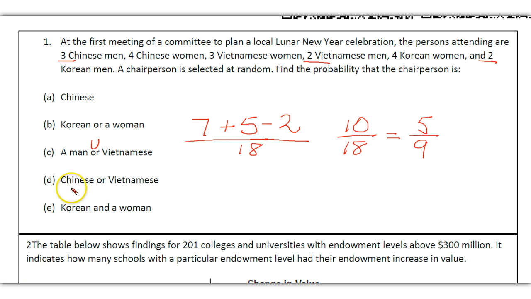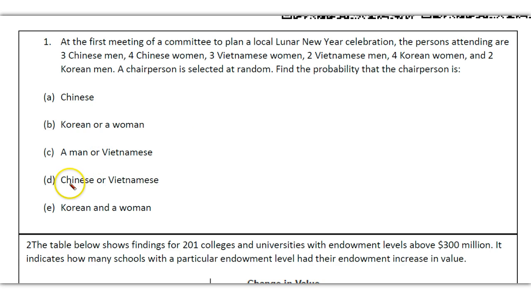Now for letter D, and I'll clear this up, we want Chinese or Vietnamese. That will be union. And there are 4 women, 3 men that are Chinese, so that'll give me 7.